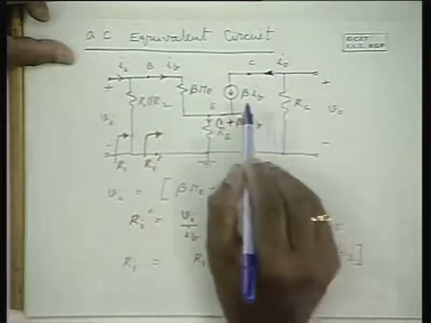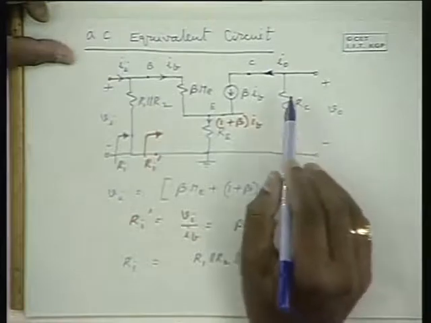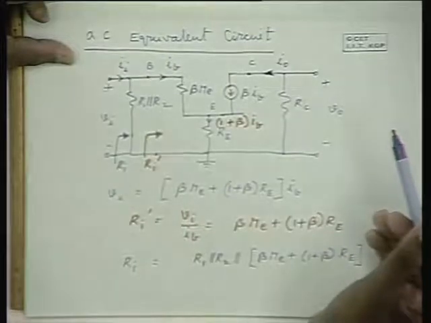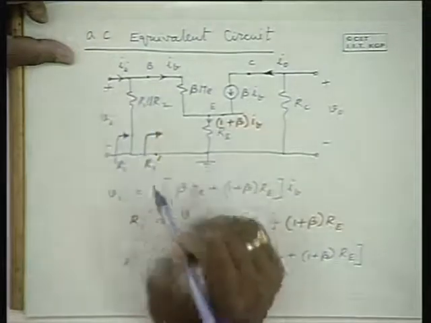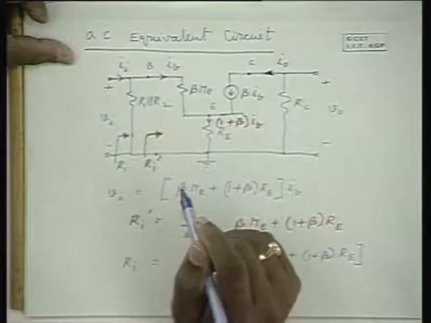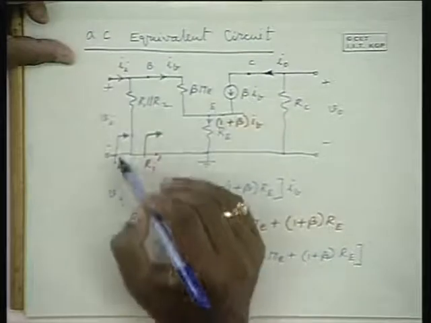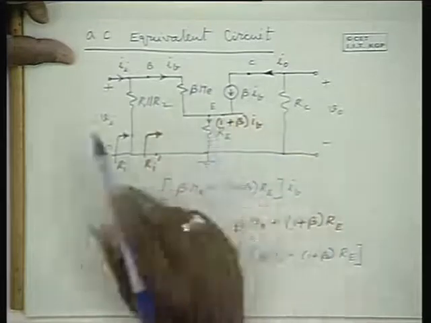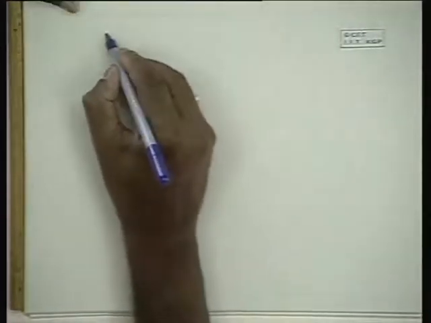The output voltage and current are related by RC: minus I naught into RC is V naught. The input voltage and input current are related by Ri, so the input voltage Vi is Ii into Ri. Because of these two relationships, you can have a simple relationship between the voltage gain and current gain. So let me give this relationship.